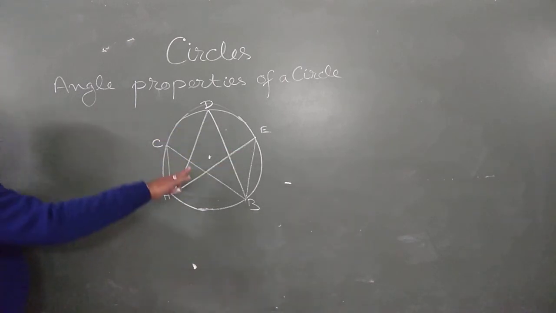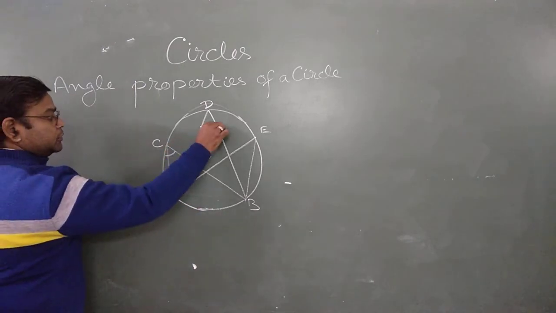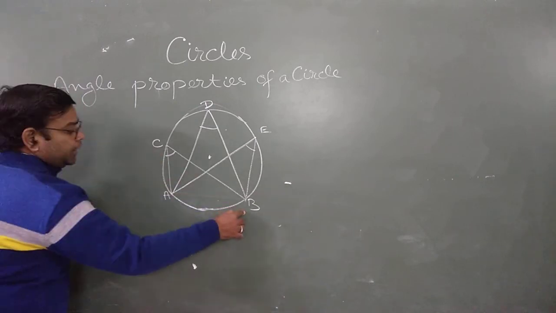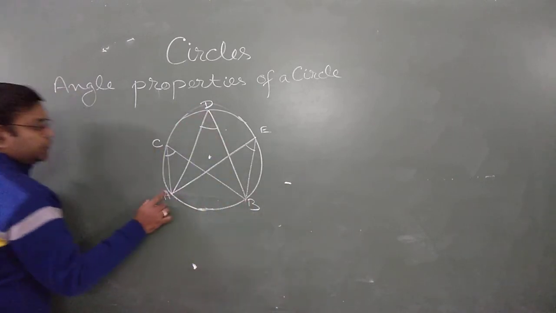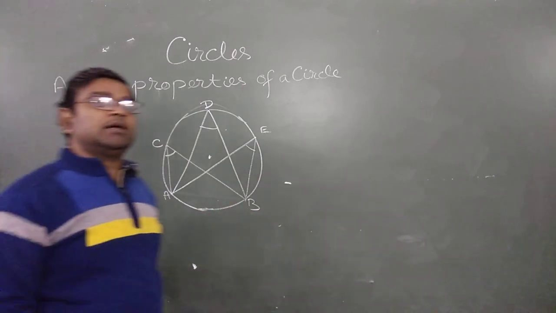When we observe, all angles must be the same: angle ACB equals angle ADB equals angle AEB. Angles on the same segment by the same arc must be the same.